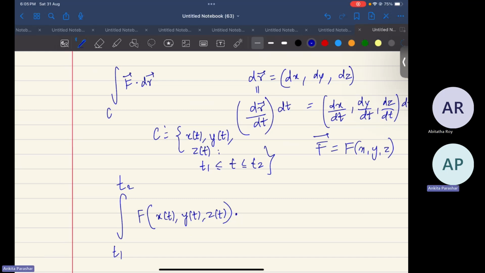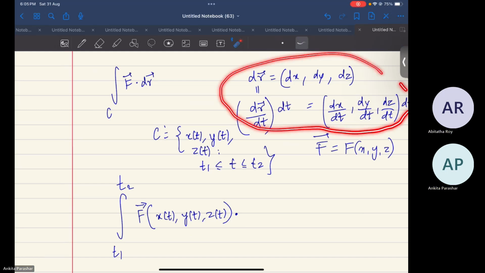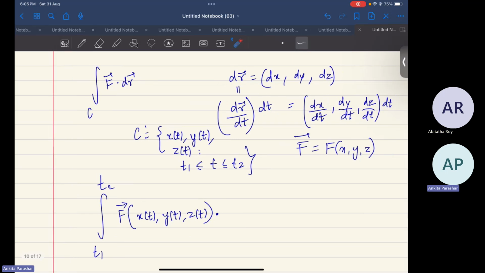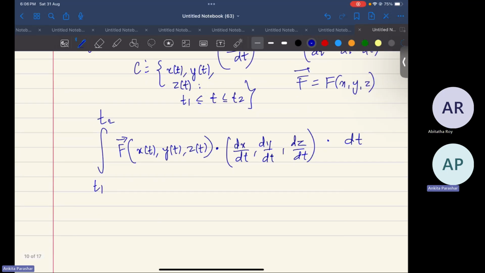It's a dot product with, hmm, the determinant of the Jacobian? Well, carefully, if you look, in this case we don't have to go by that. We have anyway already written dx/dt, dy/dt, dz/dt.